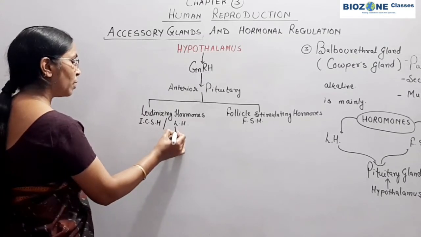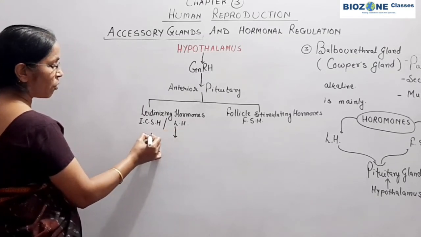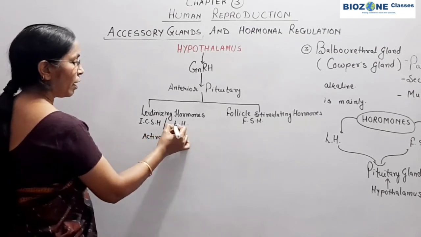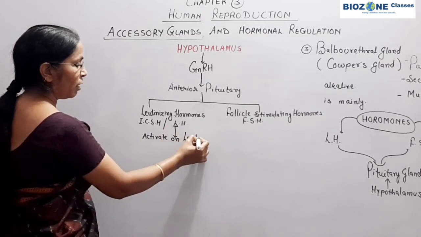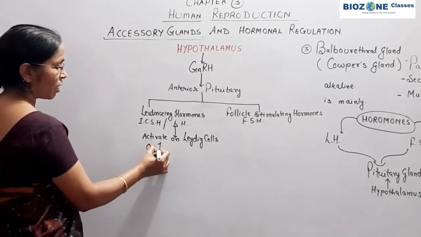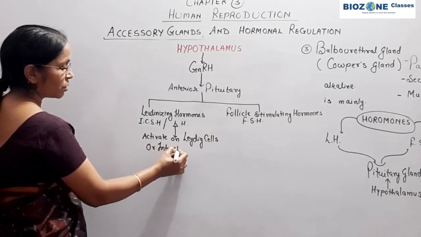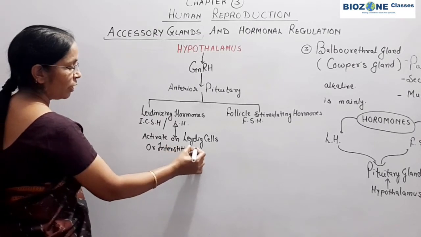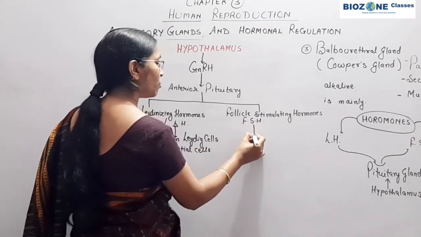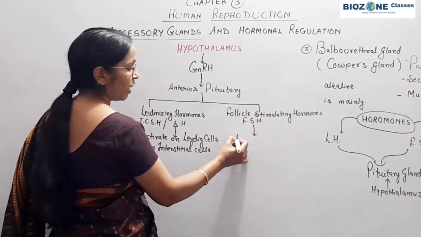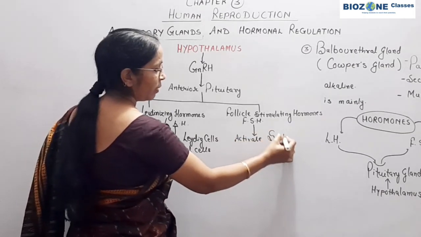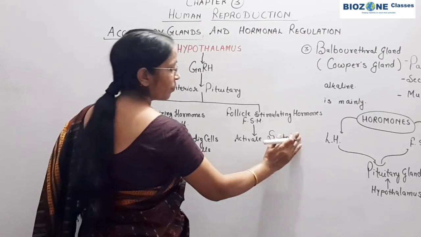This LH you remember. Now this LH acts on the Leydig cells, L for Leydig cell, which are also called interstitial cells, whereas follicle stimulating hormone or FSH acts on Sertoli cells.